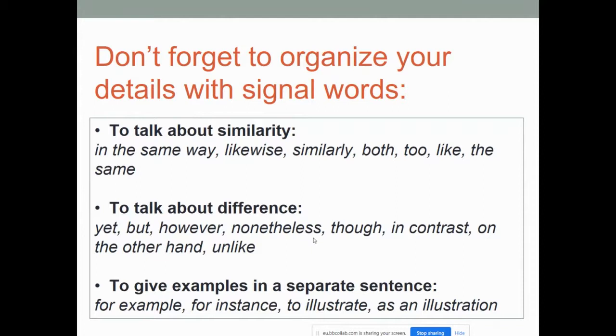In any case, I will share this presentation with you, so don't be worried about it. To give an example, you can use the words for example, for instance, to illustrate, as an illustration. So these are the signal words you can use to write a comparative paragraph with supporting details. Any question?